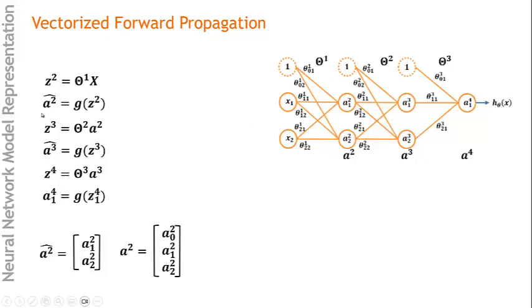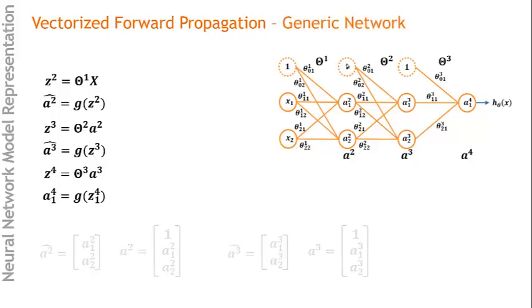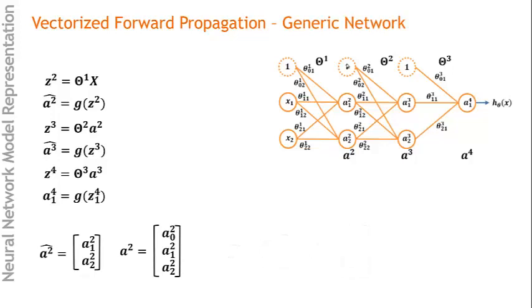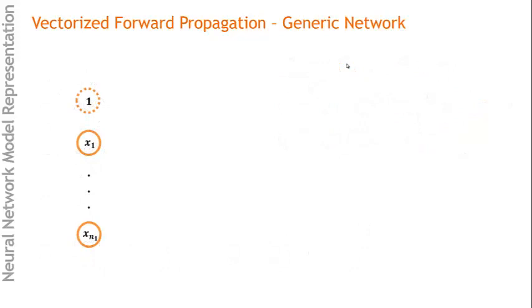So that's the distinction between A2 hat, which gives the nodes, and the A2, which also includes the bias. So that's always going to be a 1. So we can just follow that here.